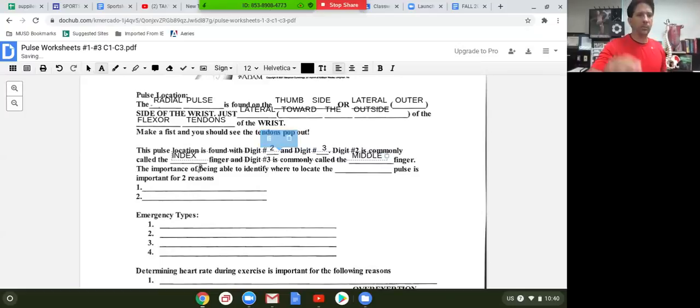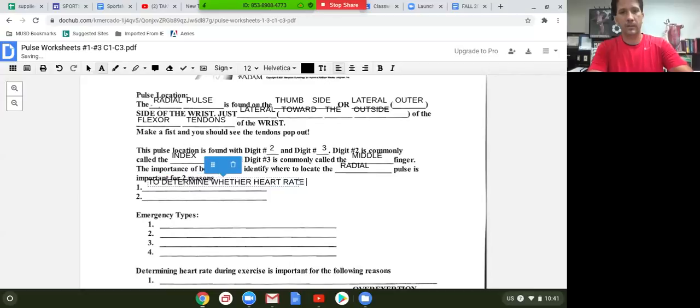Okay, so the importance of being able to identify where to locate the radial pulse is important for two reasons. Number one, to determine whether heart rate is present in an emergency.